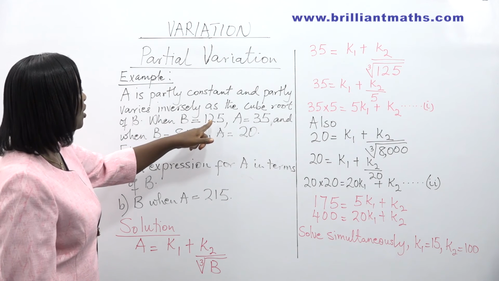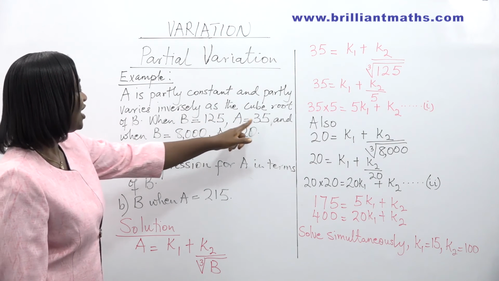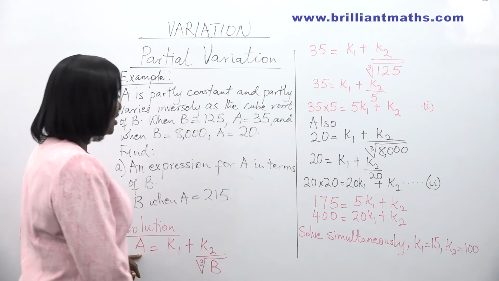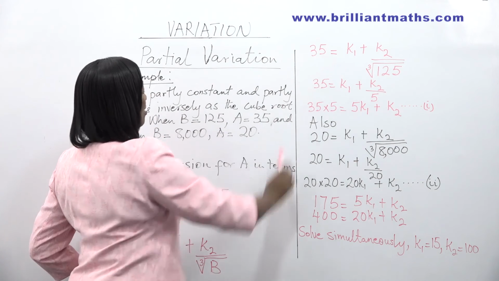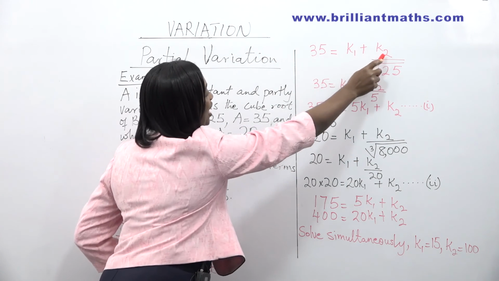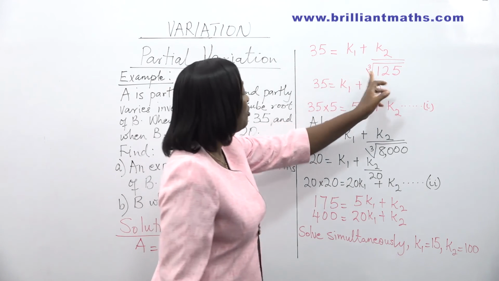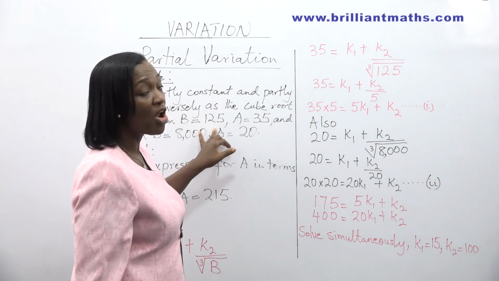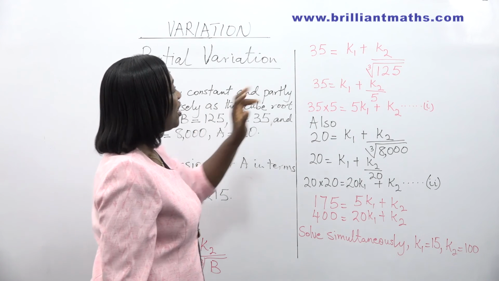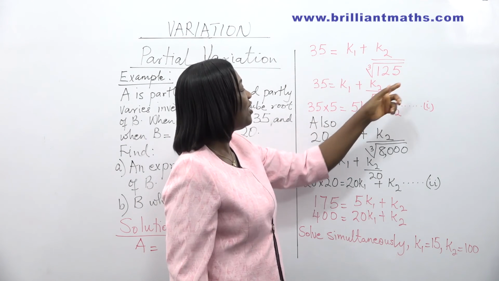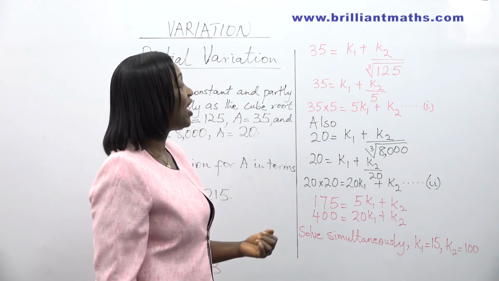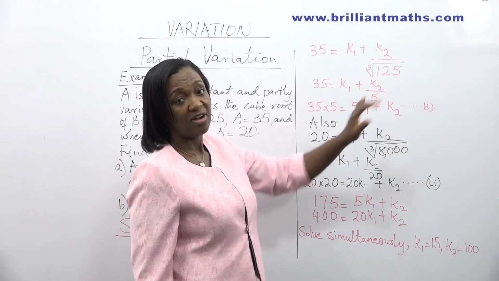When B is 125, A is 35. So we substitute that here, and we have A is 35 equals K1 plus K2 over cube root of B, and B is 125. Cube root of 125 is equal to 5, because 5 times 5 times 5 is 125.